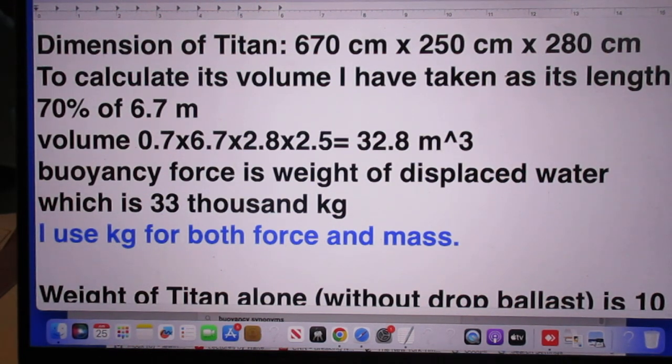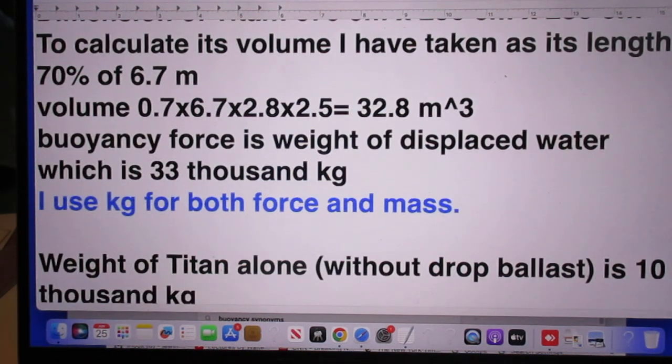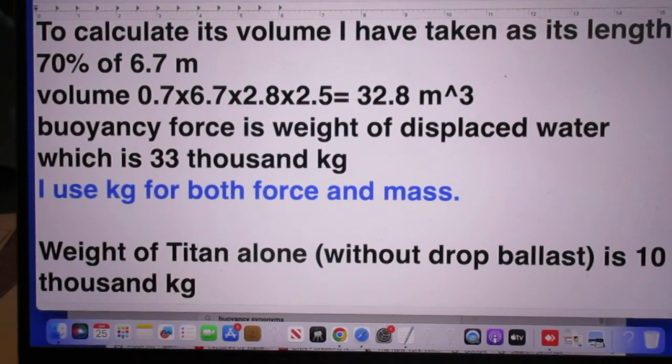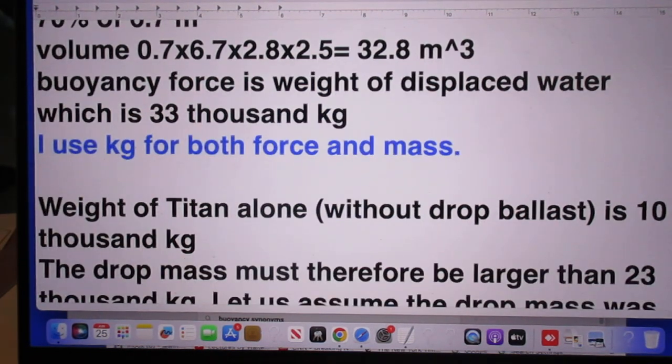So the buoyancy force is the weight of the displaced water, which is then about 33,000 kilograms. Notice that I will use kilograms for both force and mass. That is completely reasonable.